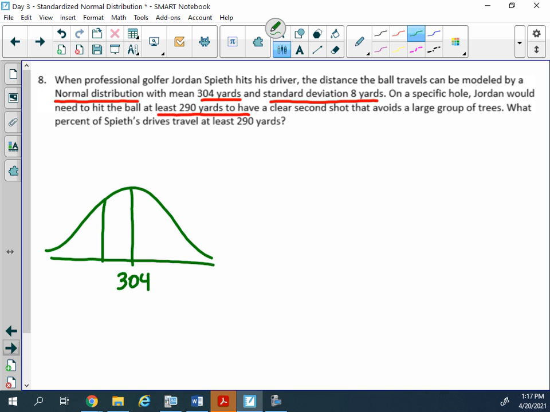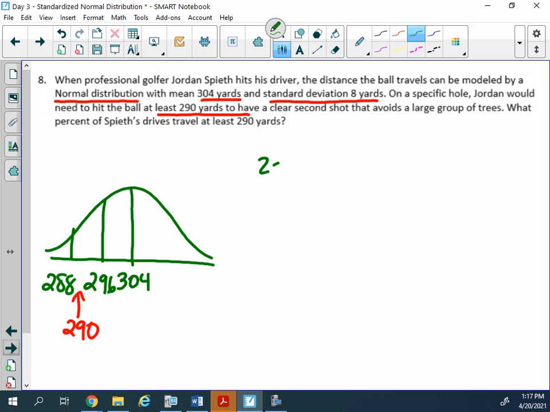Okay, so I do 304, and I subtract the standard deviation, which is 8, so 304 minus 8 gives me 296. Let me try it one more time. 296 minus 8 gives me 288. Okay, so 290 is not specifically on our normal bell curve here. So we can't use the 68, 95, 99.7 rule. Instead, we will have to use the standardized normal.